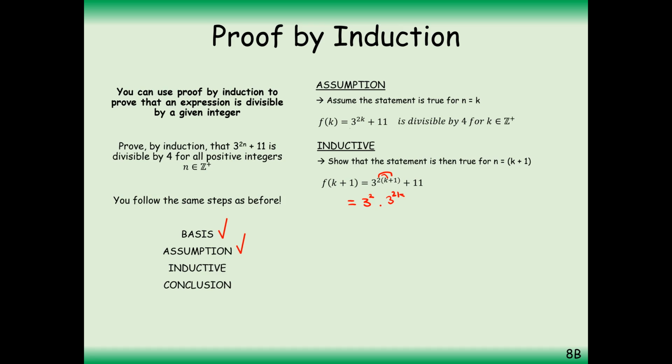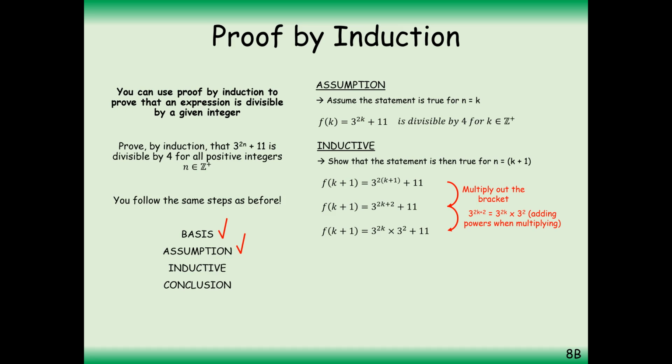And if you notice, the original equation has only 3 to the power of 2n in it, and this plus 11 doesn't change at all. You agree with that? Then we write this extra 9 explicitly in front of 3 to the power of 2k.